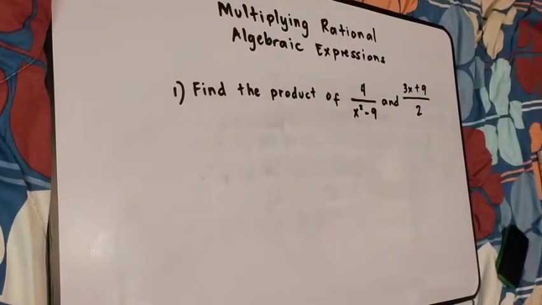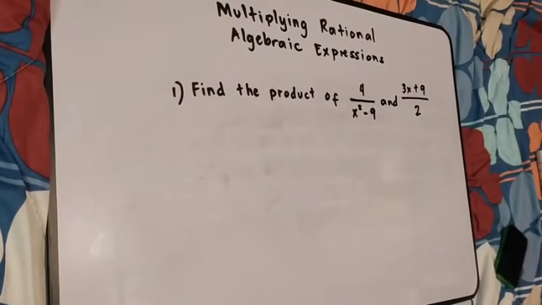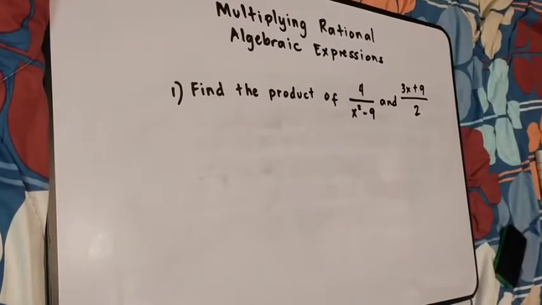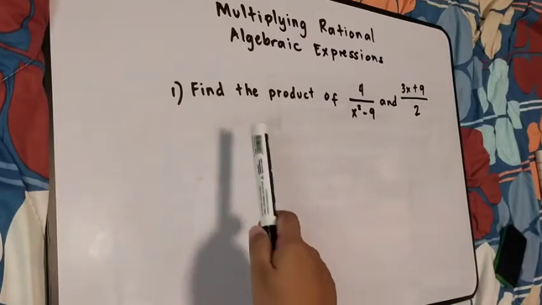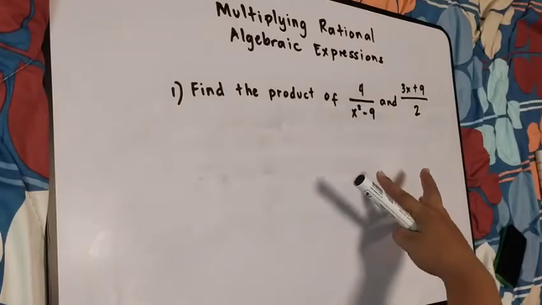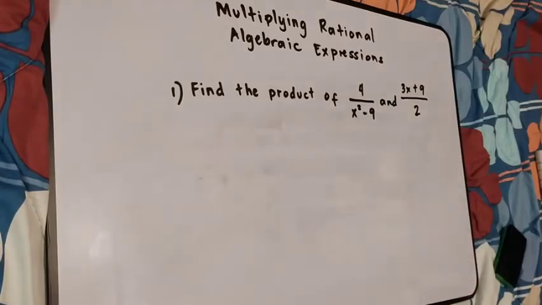First example is find the product of 4 over x squared minus 9 and 3x plus 9 over 2. So, basically, if we're going to find the product of these two rational expressions, we're going to multiply them. Okay, so rewrite lang natin.